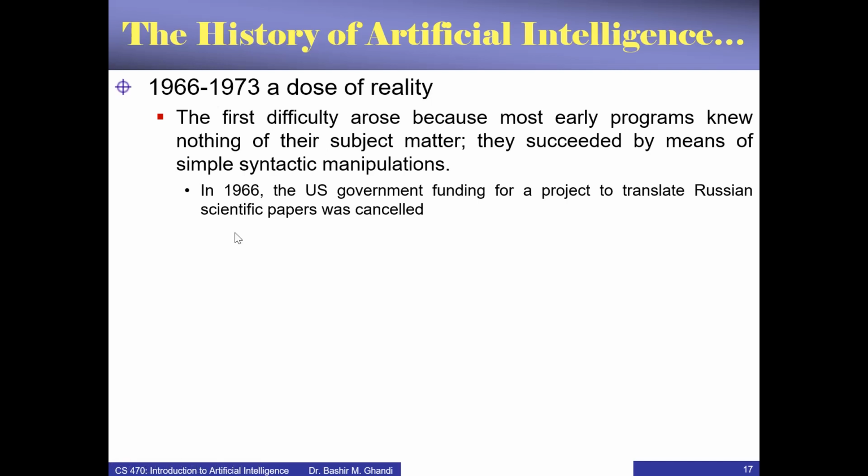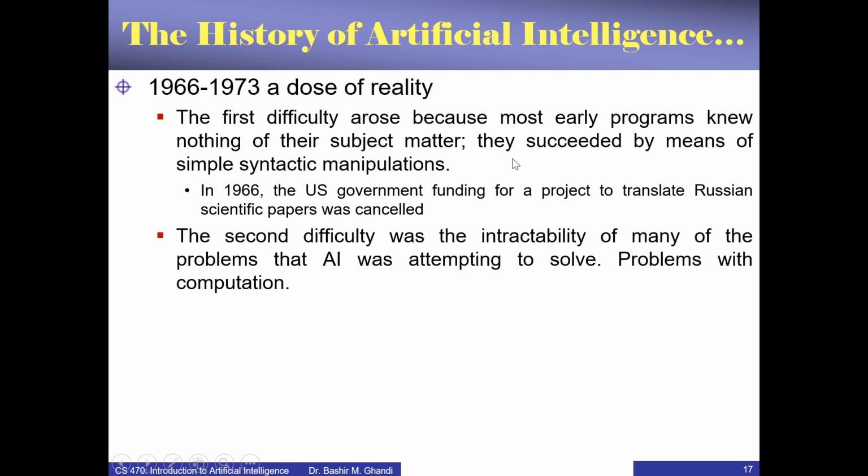Now, apart from the problem of the design methodology of these programs, that they didn't take the subject matter into account, another problem also arose. And that problem was the intractability of many of the problems that AI was attempting to solve. The problems were intractable.